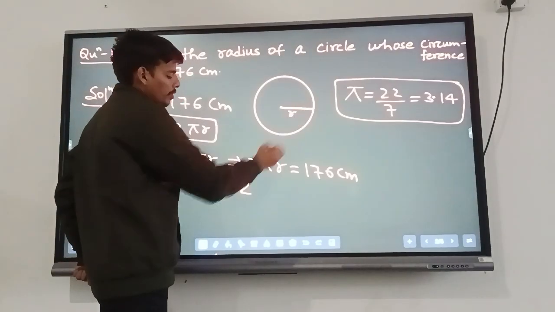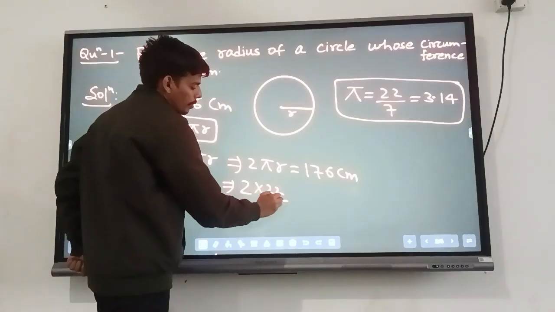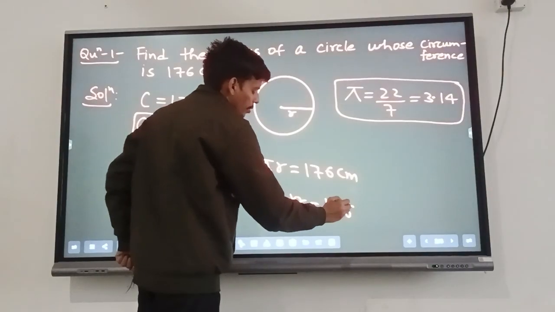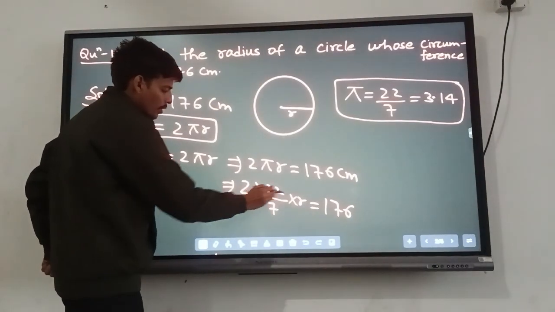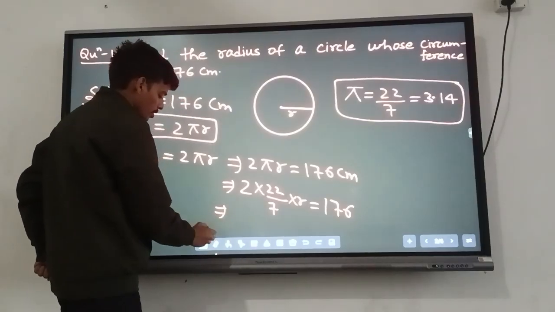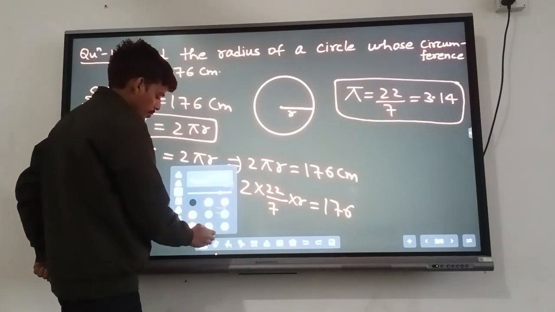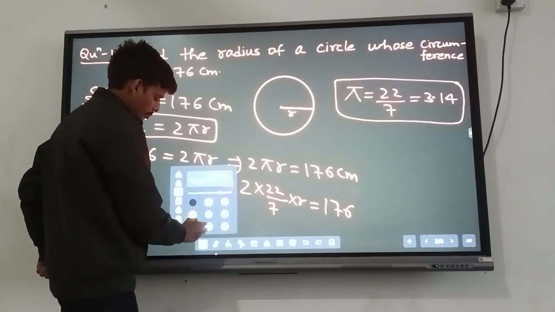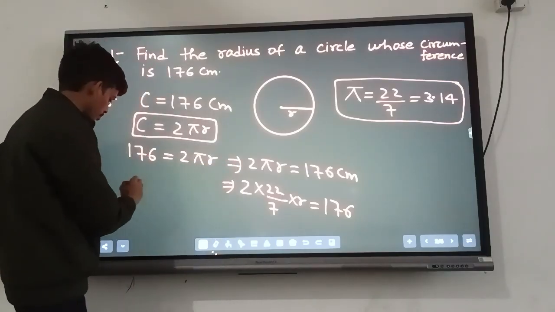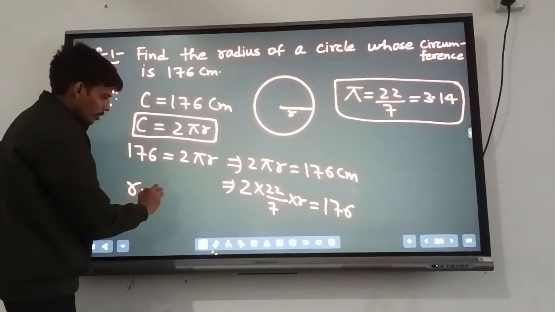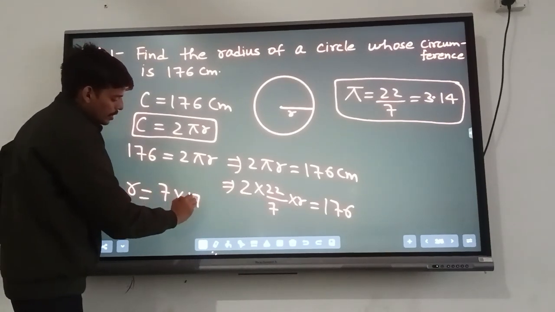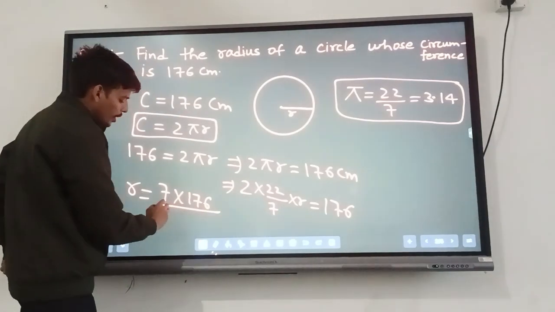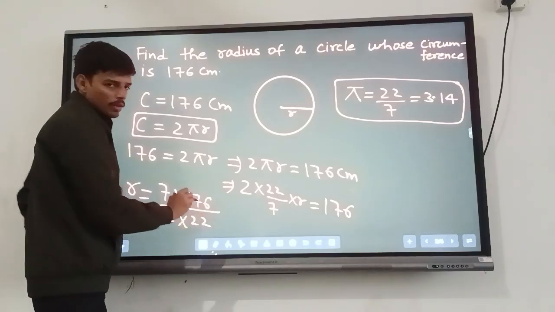We put the value of pi here: 2 into 22/7 into r equals 176 centimeter. Now r equals 7 into 176 over 2 into 22.